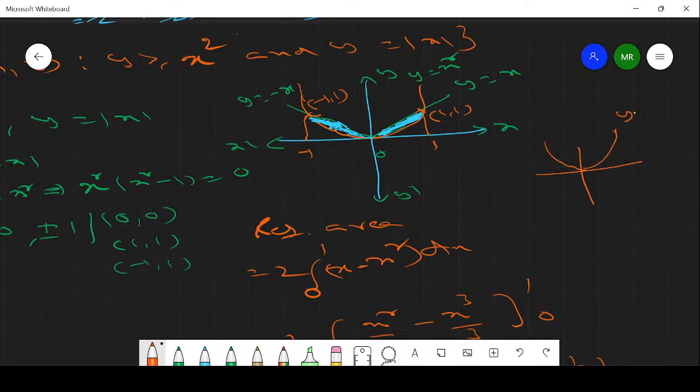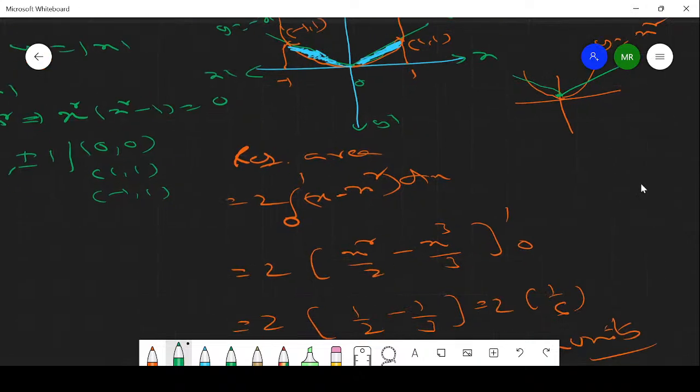Any confusion, here I have taken mod x, and I can draw the line. So this is the graph required here. I combined the graphs: y equal to x square and y equal to mod x passing through the origin. This will be a straight line, not a curve. I can draw the line joining this. Like this you can find the required area.